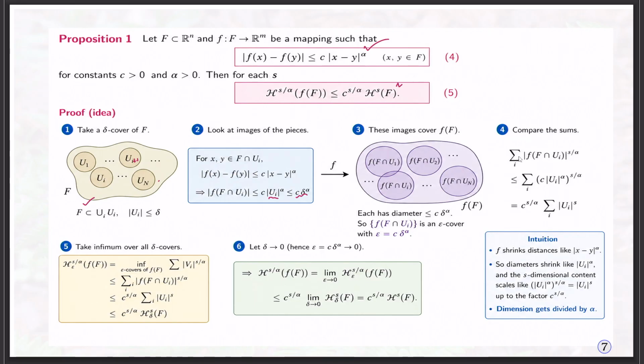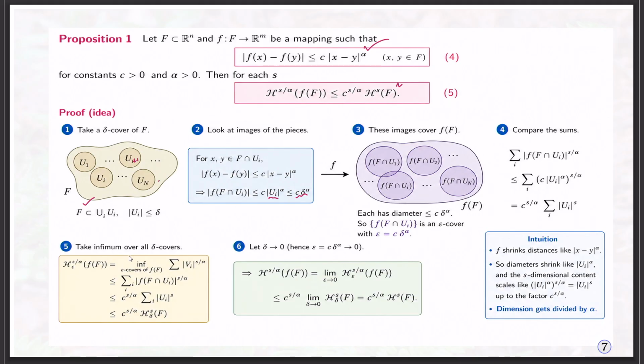Then compare the sum of |f(F ∩ U_i)|^(s/alpha), which is less than or equal to the sum of (c |U_i|^alpha)^(s/alpha). This alpha will cancel again. Then one can get c^(s/alpha) times this quantity.